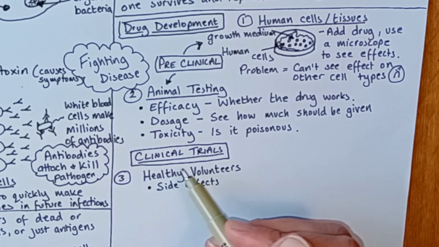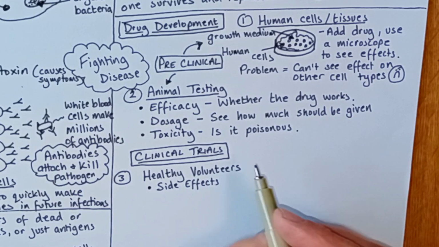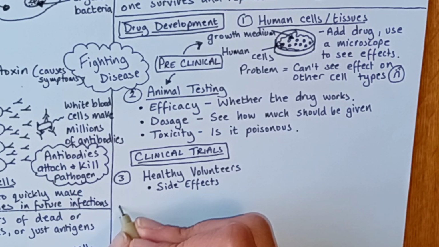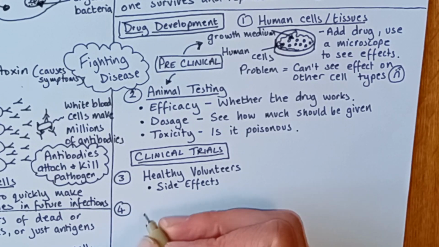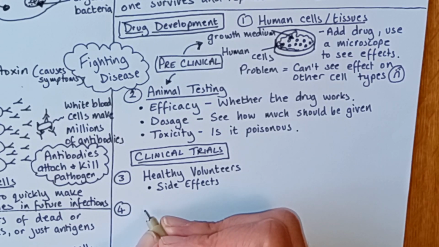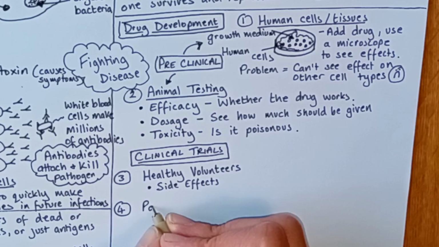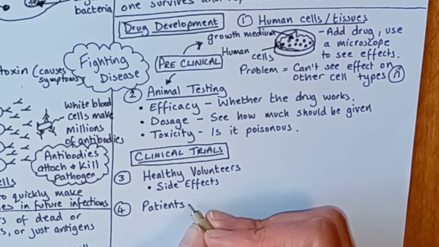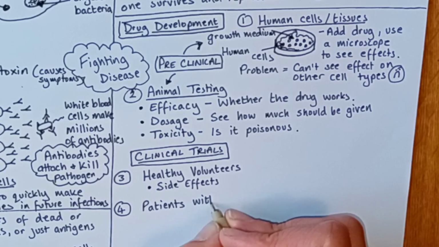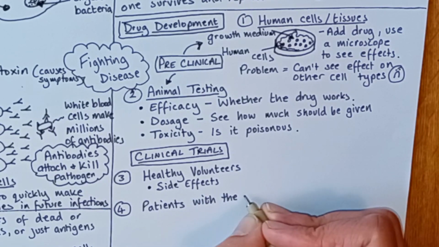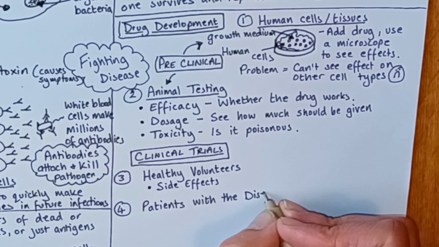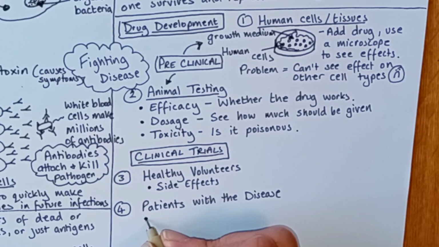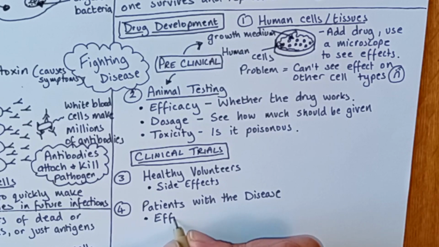If it passes phase 1 clinical trials in healthy volunteers, then it will go on to the next stage of clinical trials, phase 2, which is on patients with the disease. Here we're testing for efficacy again.